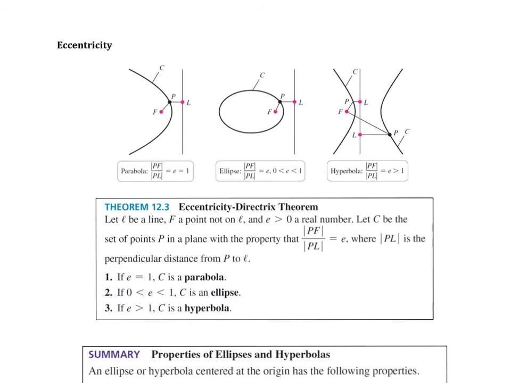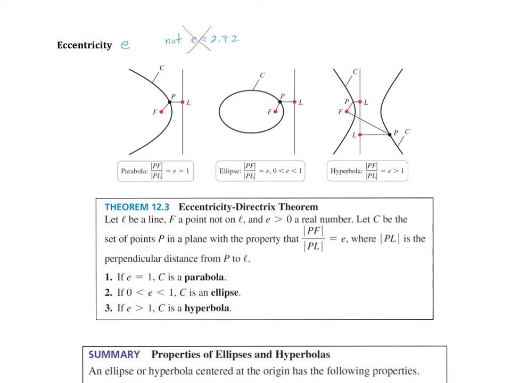The next concept we're going to talk about is called the eccentricity. We use E to stand for eccentricity. And now you have to be careful because this is not the exponential e, which is approximately 2.72. Okay, so it's not that e.